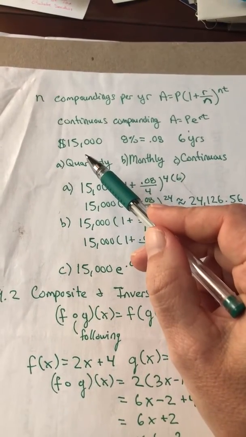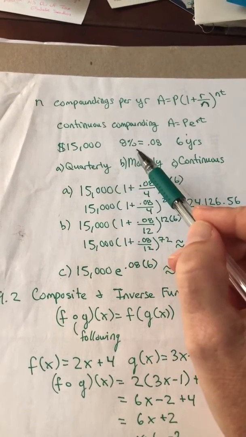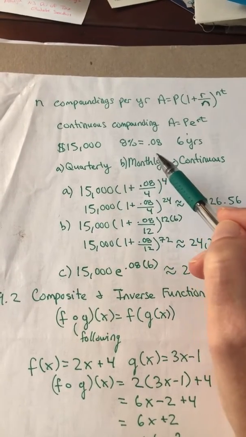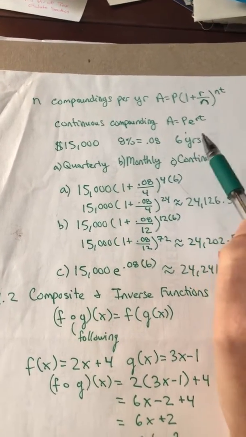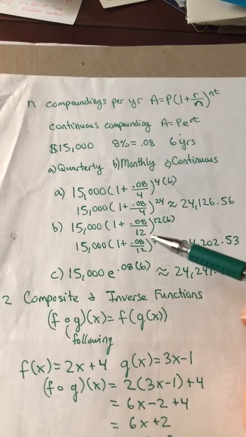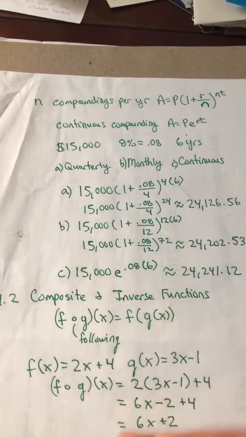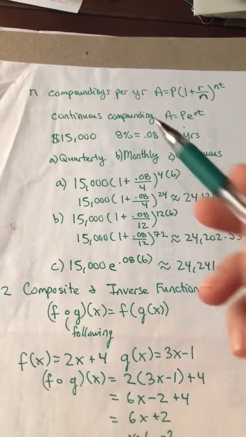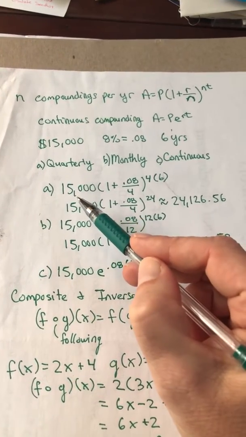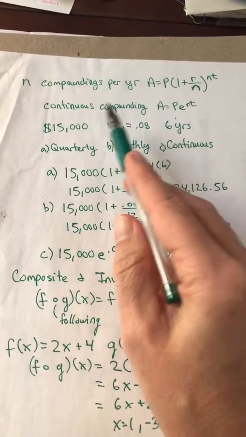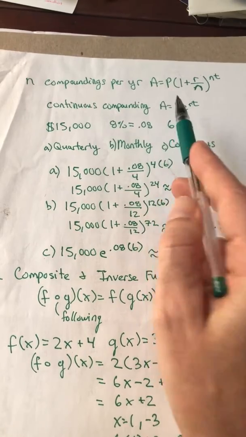So if we start off with $15,000 at a rate of 8%, or 0.08, something we don't see these days, and you want to see what you make over 6 years. It's interesting to see which is better. So if you do it quarterly, we're going to use this equation up here.